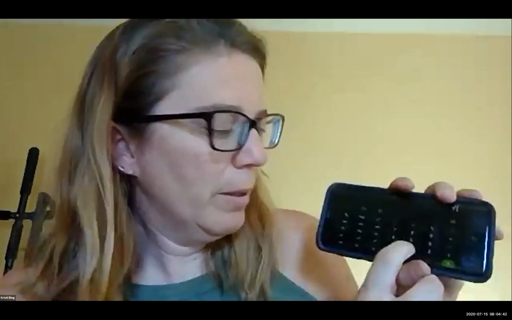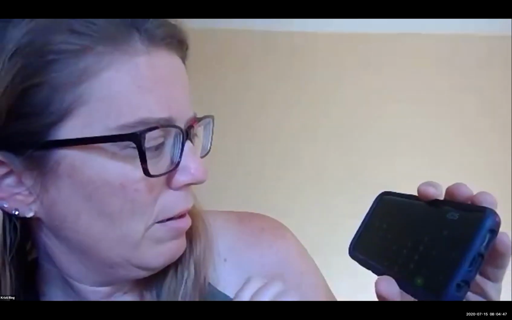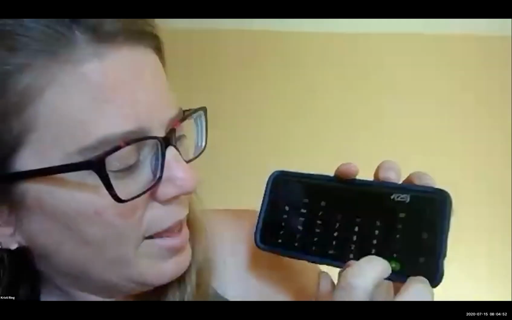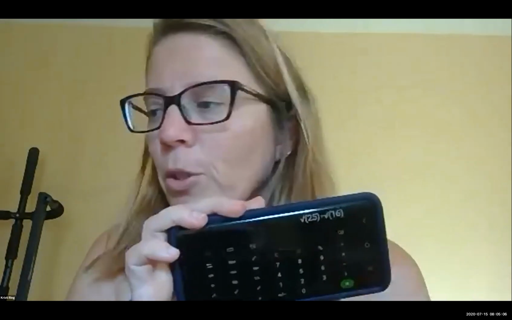I get a decimal answer because that parenthesis was telling your phone that everything was together underneath the square root. So I want to hit the 25, and then above the 8 on my calculator, I have parentheses, and then I'm going to do it again, plus the square root of 16. Obviously, people's phones and calculators are different, but the same general idea is there. If it has a parenthesis, or if you're doing multiple square roots, you need to stop where the grouping symbol ends.